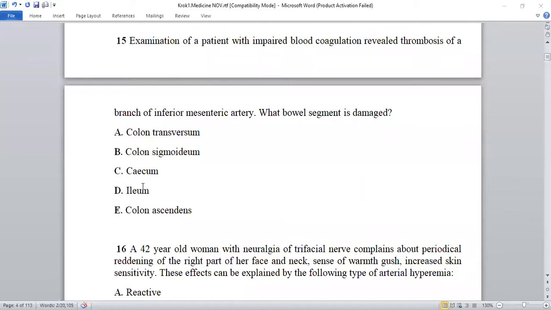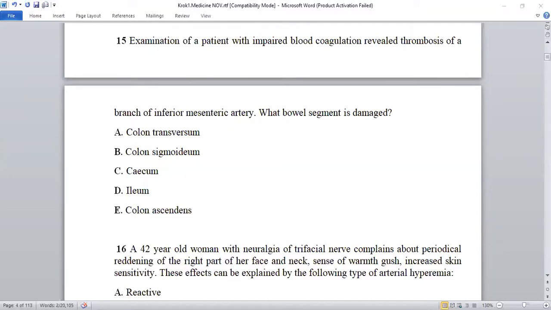What you are saying is that the celiac trunk will supply the esophageal part of the stomach up to the major papillary, right? And then the superior mesenteric artery will supply from the major papillary to 2/3 of the transverse colon, right? Yes. And the remaining 1/3 of the transverse colon down to the rectum will be supplied by the inferior mesenteric artery.